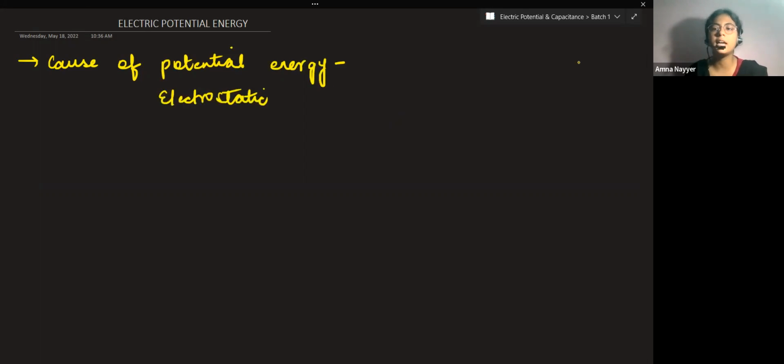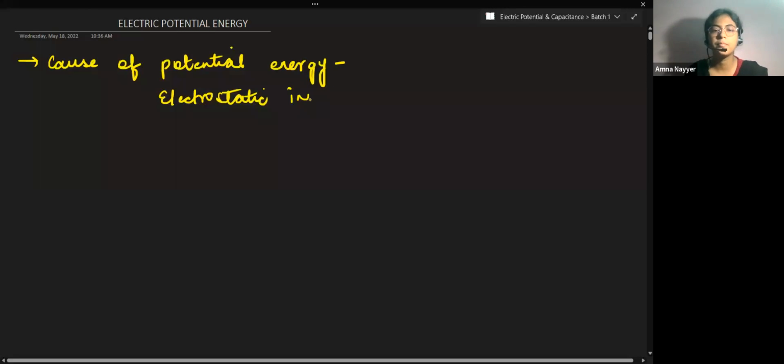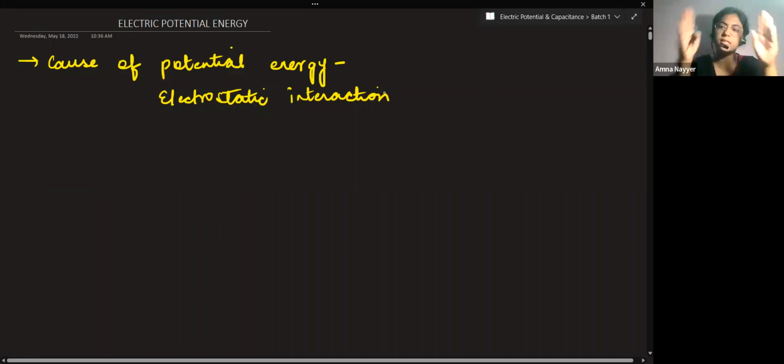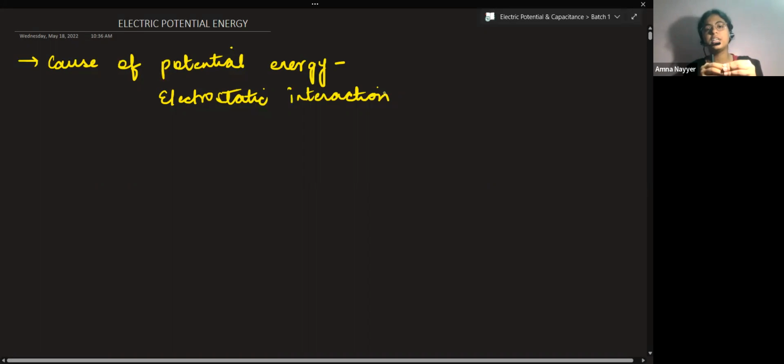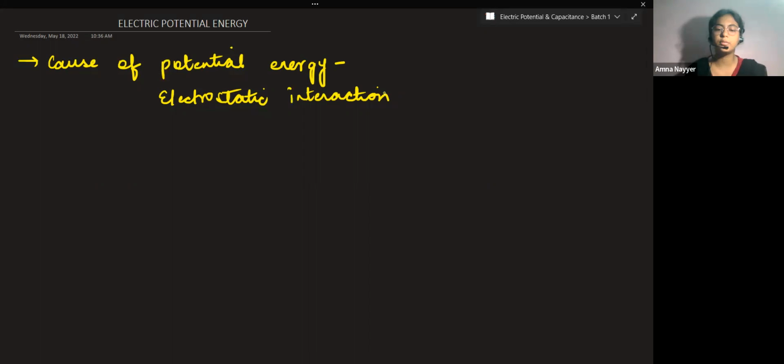Electrostatic interaction means the exertion of force. Whenever forces are being exerted, there will be a potential energy associated with the system. For each charge, there will be associated potential energy with which the charge is interacting or exerting force.